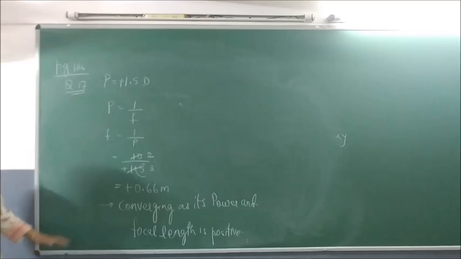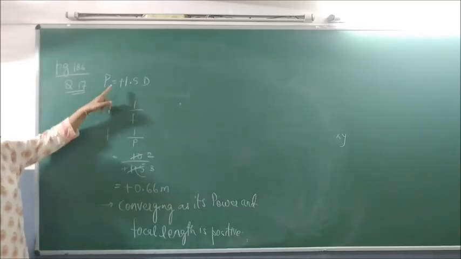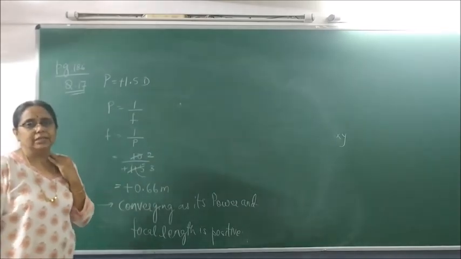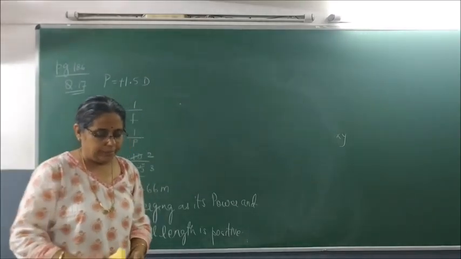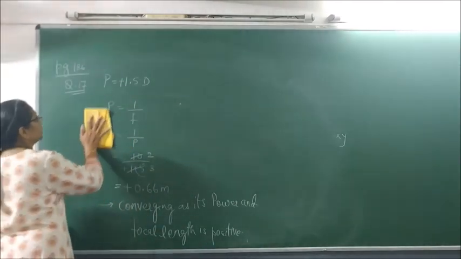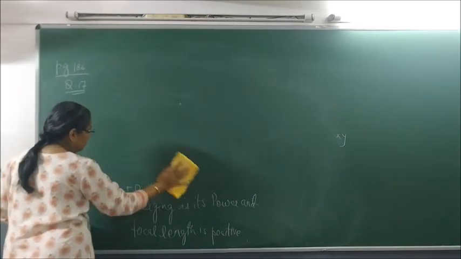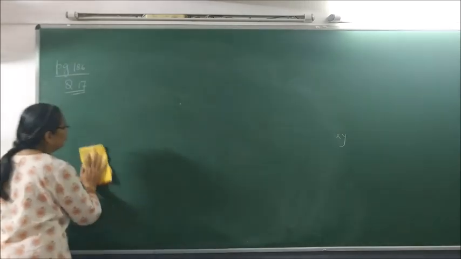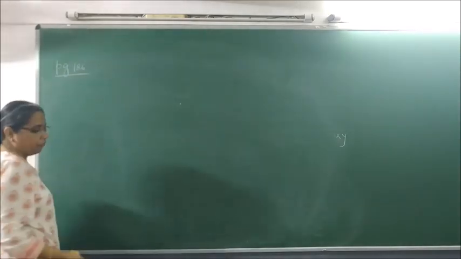Okay, so this is question number 17, where power with positive sign means it is a convex lens and it is always converging. Now let us go to question number 16 of the exercise.